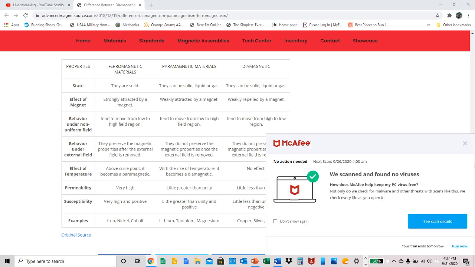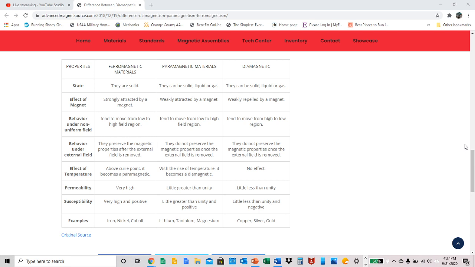We have ferromagnetic materials effective temperature. Above the Curie point, it becomes paramagnetic, which is a little bit beyond the scope of this class, but you guys can refer to this chart to learn a little bit more about these materials and their vocabulary.